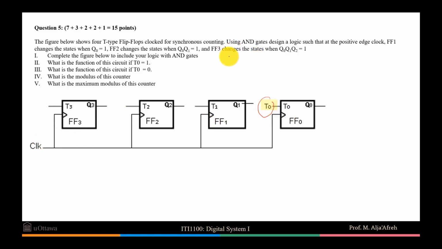Using an AND gate, design the logic counter. The question says that at the positive edge, FF1 flips, meaning it changes state, when Q0 is equal to 1. So you need to connect that here.